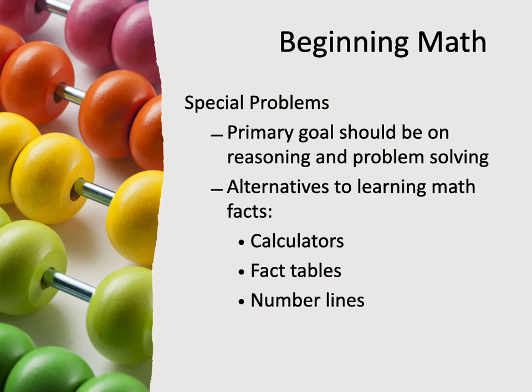Of course, they can use some visual cues, artifacts, or alternatives to learn different math concepts. So teachers can utilize fact tables or number lines, different visual cues or artifacts.